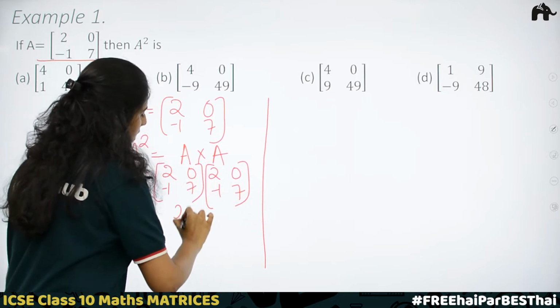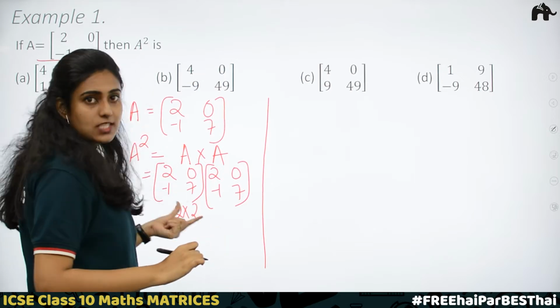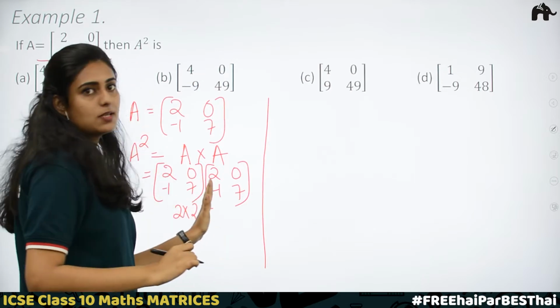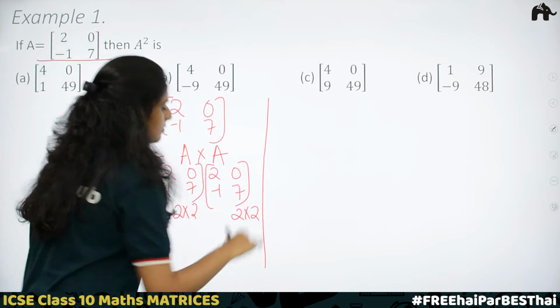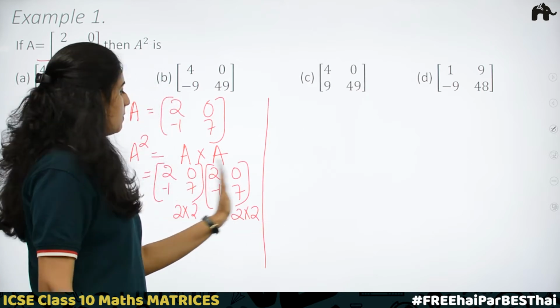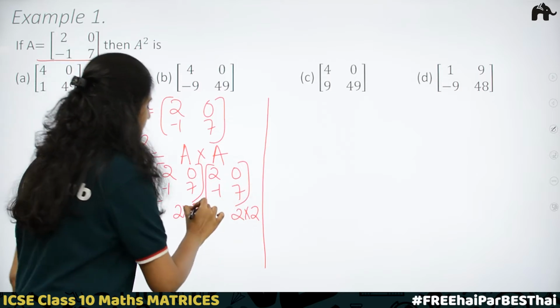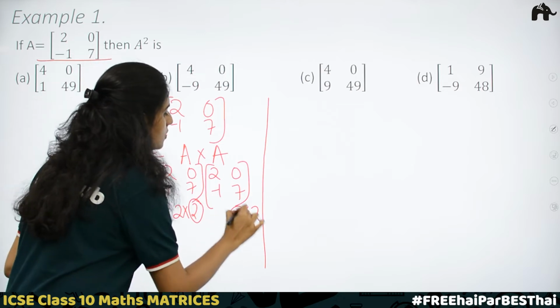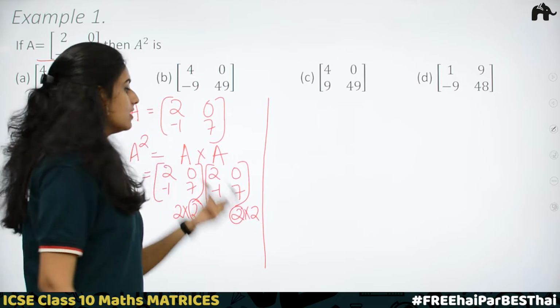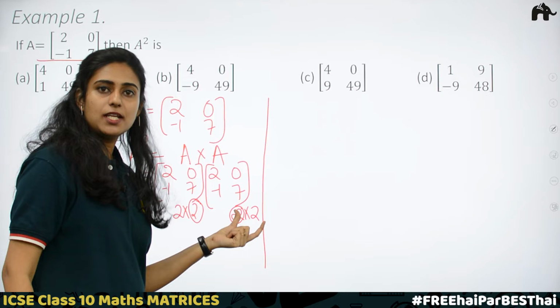This is a 2 by 2 matrix. Number of rows is equal to 2. Number of columns is equal to 2. This is again a 2 by 2 matrix. Number of rows 2. Number of columns 2. Here the number of columns of the first matrix and the number of rows of the second matrix are equal. Therefore, matrix multiplication can be done.